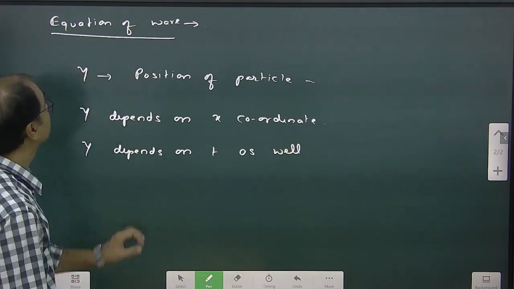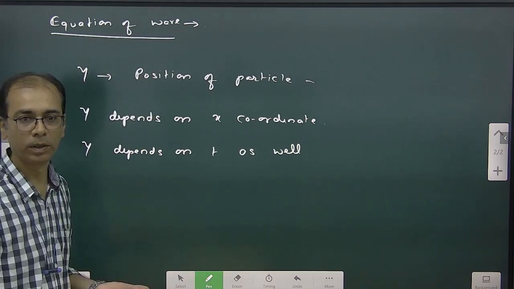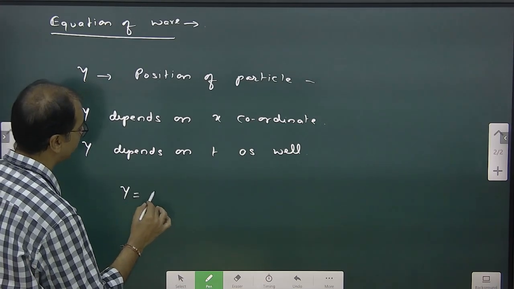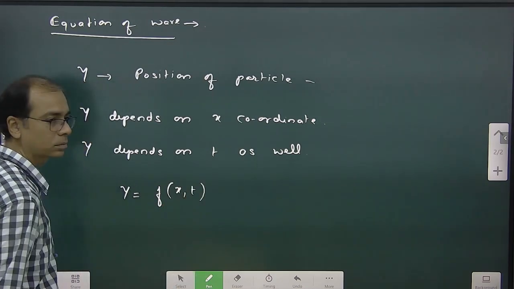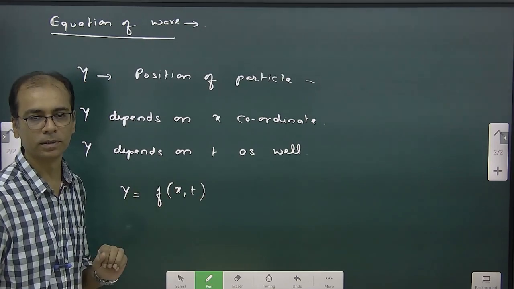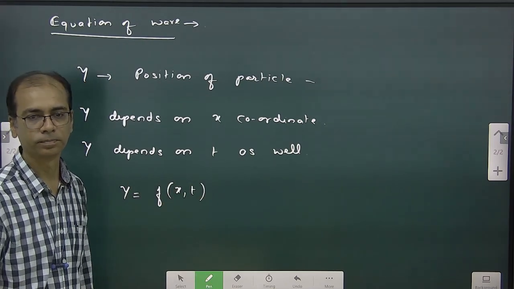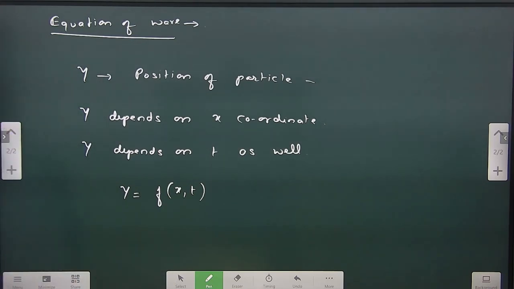When you are saying equation of a wave, which is a relation between y and other variables, y is definitely a function of x and time. I cannot write only t, and I cannot write only x. Is that point clear? Yes, sir. Okay, note that one. Then we'll find the equation of the wave.